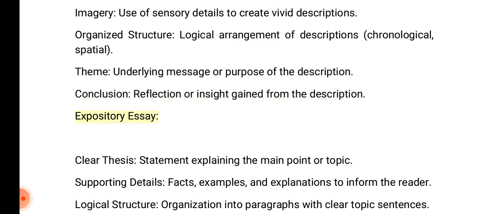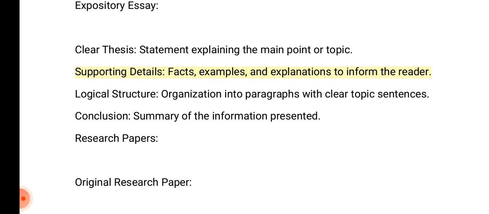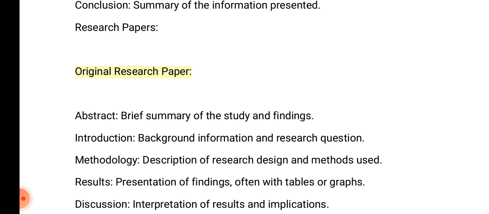Expository essay. Clear thesis. Statement explaining the main point or topic. Supporting details. Facts, examples, and explanations to inform the reader. Logical structure. Organization into paragraphs with clear topic sentences. Conclusion. Summary of the information presented. Research papers. Original research paper.